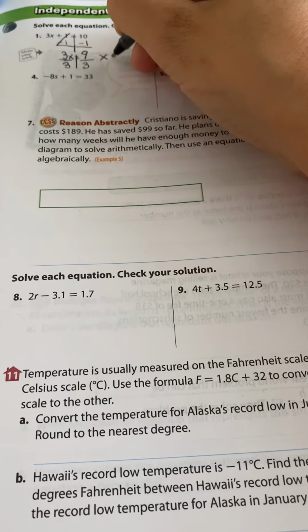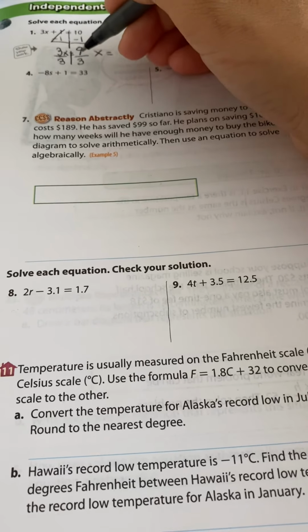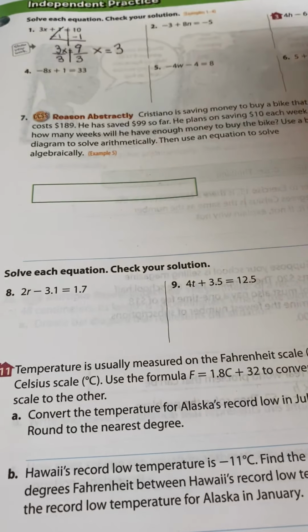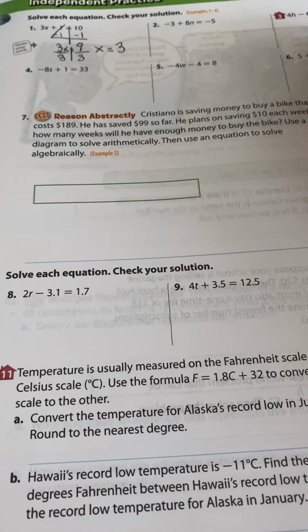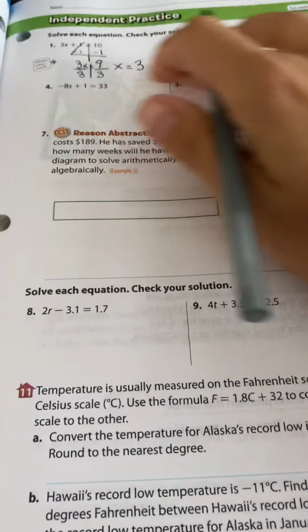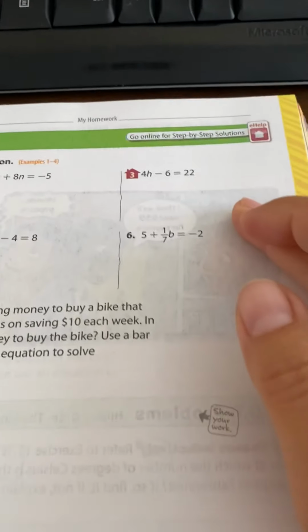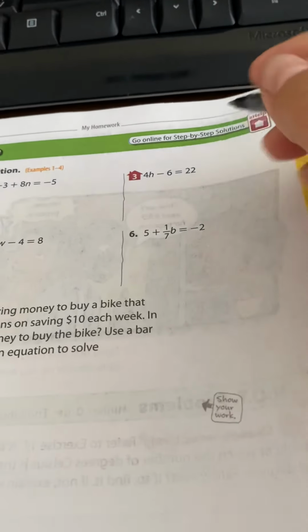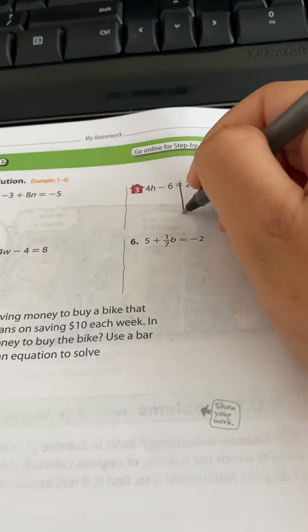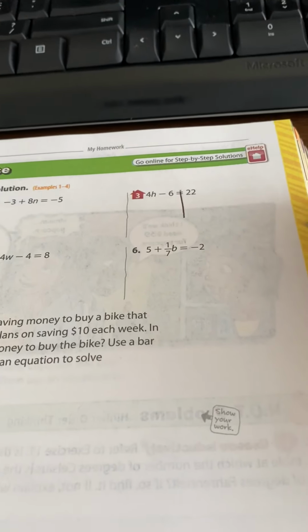X equals, now 9 divided by 3 is 3. So in this case, our variable equals 3. X equals 3. Now let's move on to number 3. Once again, we're going to be drawing the line down the equal sign.